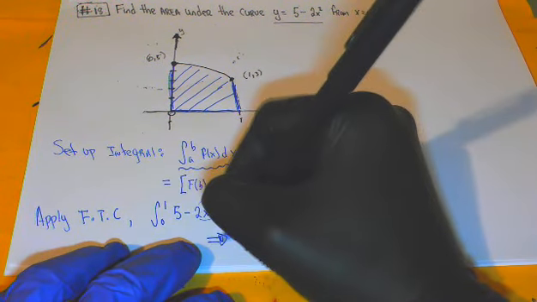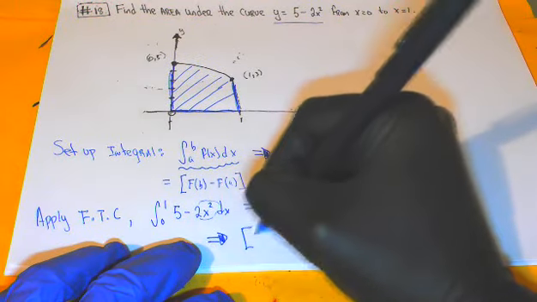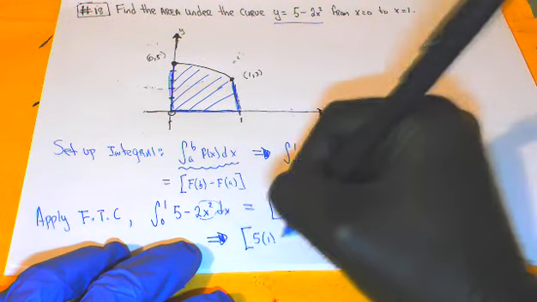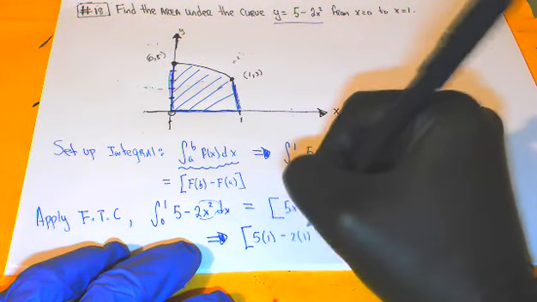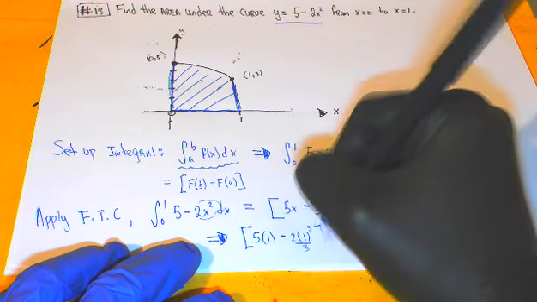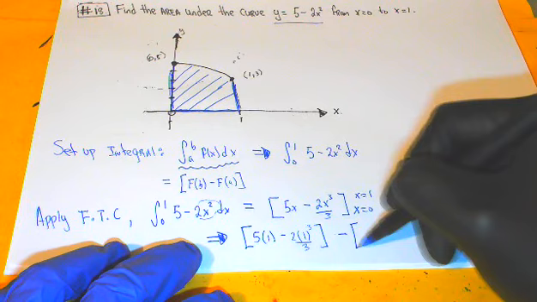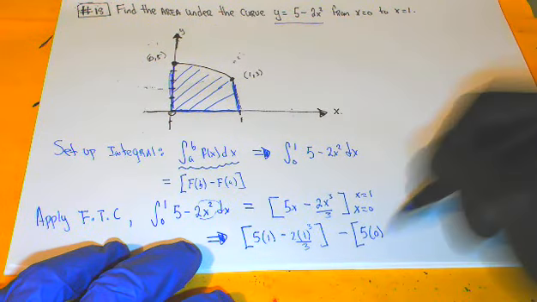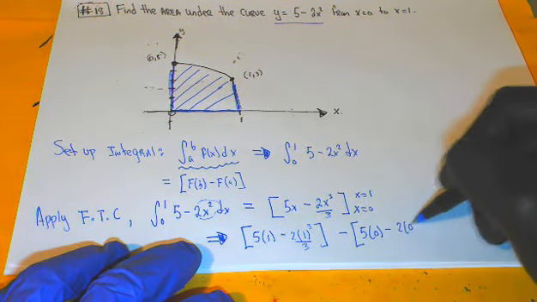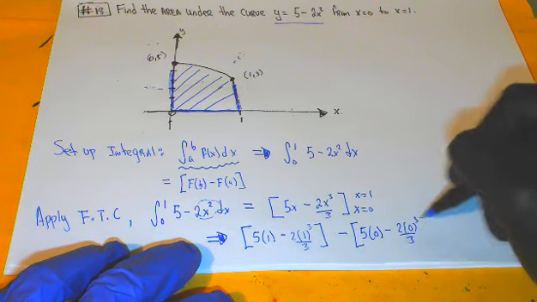So we have 5 times 1 minus 2 times 1 cubed over 3, minus, if I plug in 0, everything is going to be 0: 5 times 0 minus 2 times 0 cubed over 3.